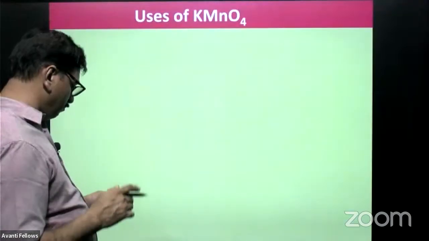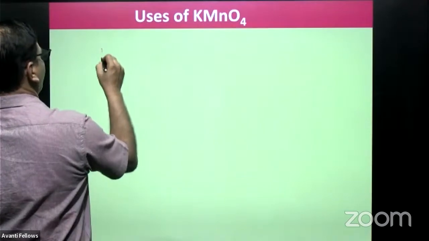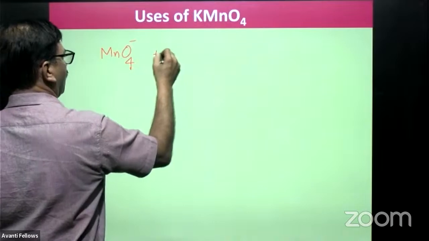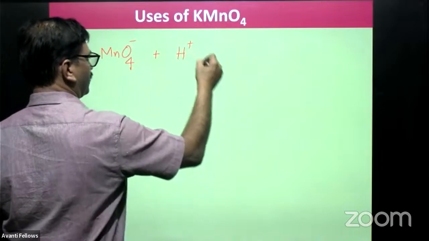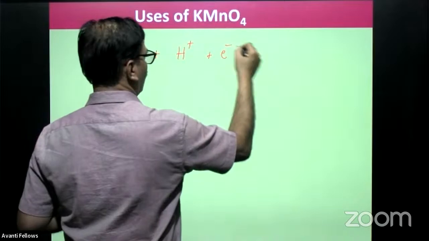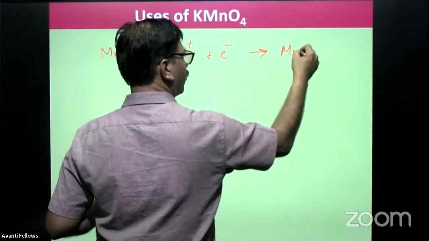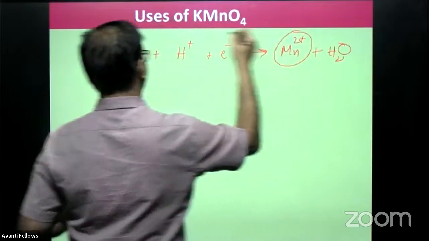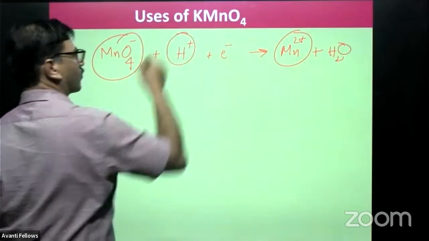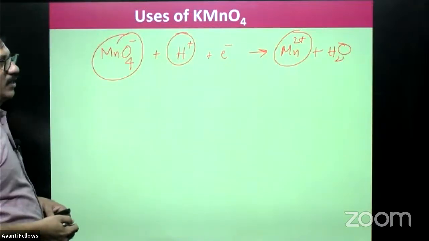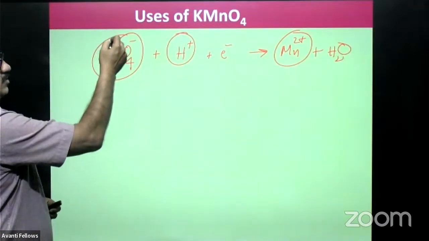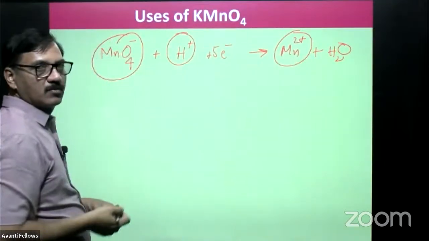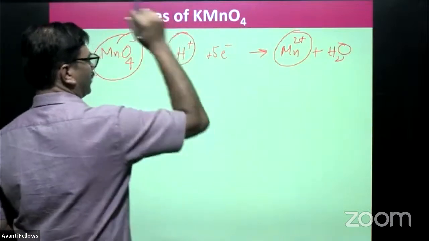So what is the half equation? MnO4 minus ion in acidic medium, with H plus, receives electrons to form Mn2 plus and H2O. Remember these things. Then balancing is also easy. Oxidation state +7 to +2, so 5 electrons it has to receive.